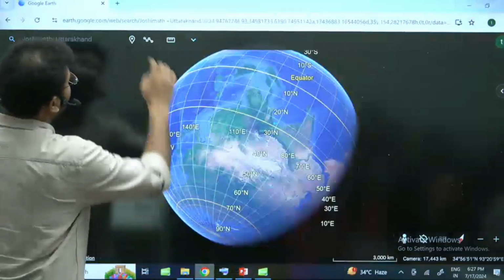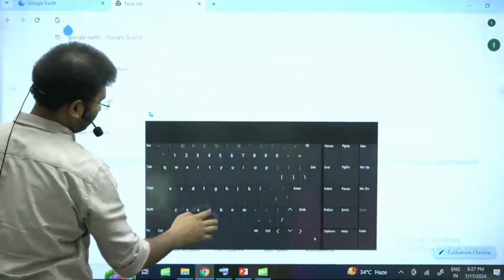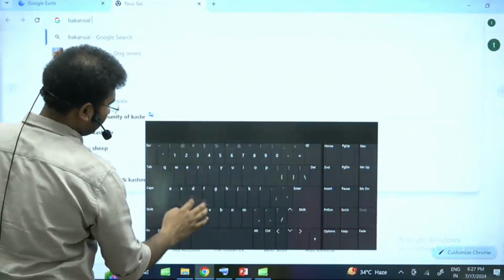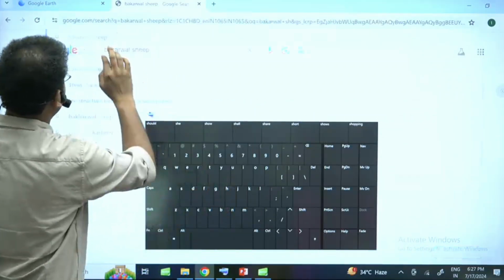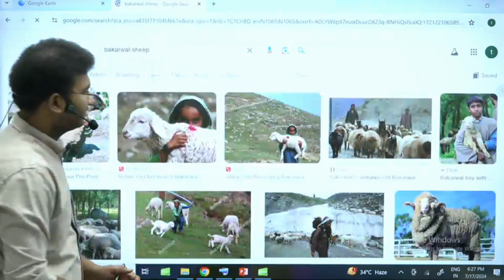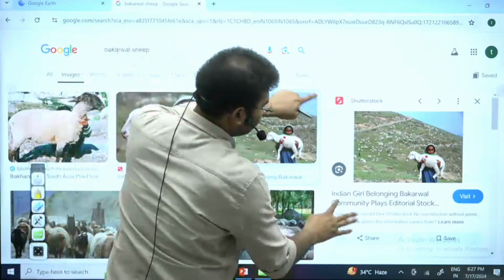I'll just show you so that you don't forget. Yes. These are all Himalayas.